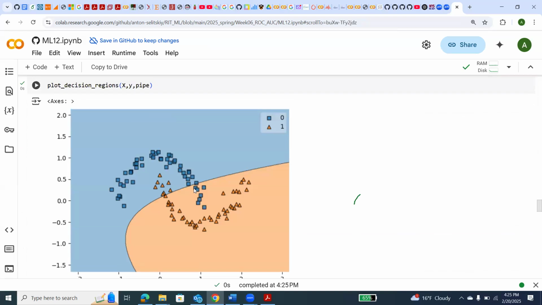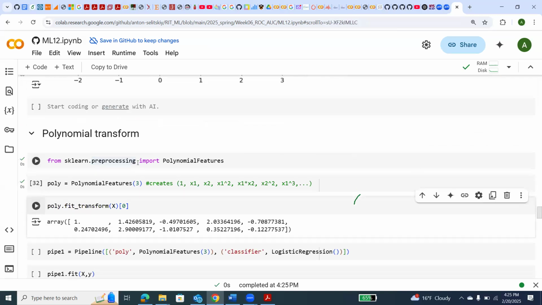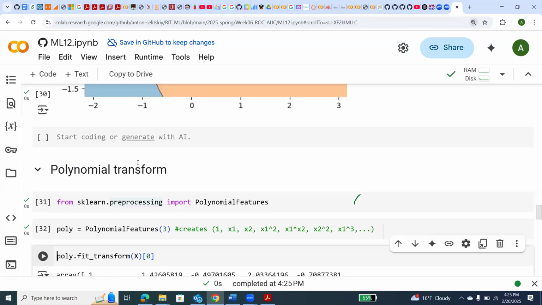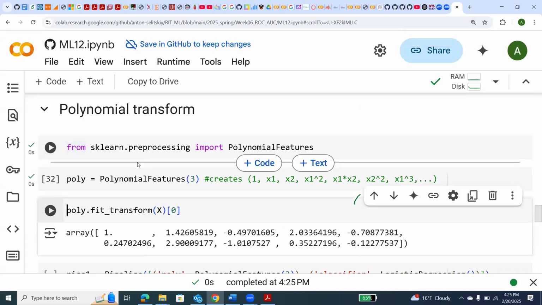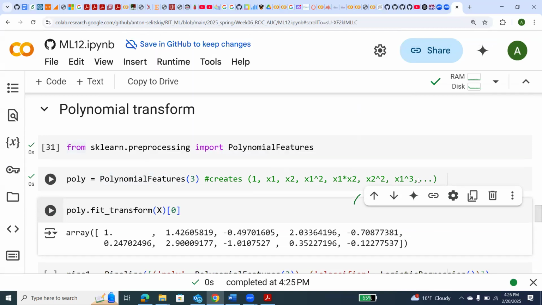Quadratic function. If you want to get the cubic decision boundary, you should apply features with the third power. So in this example, as you remember, polynomial features create power 0, power 1, power 2, and the product of x1, x2, and all power 3, like x1 squared times x2, and so on.